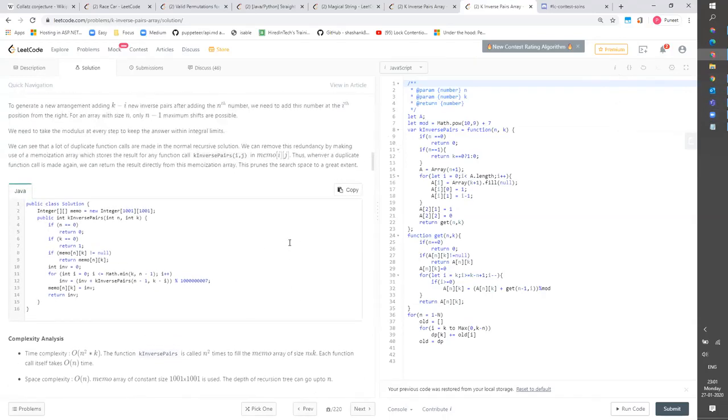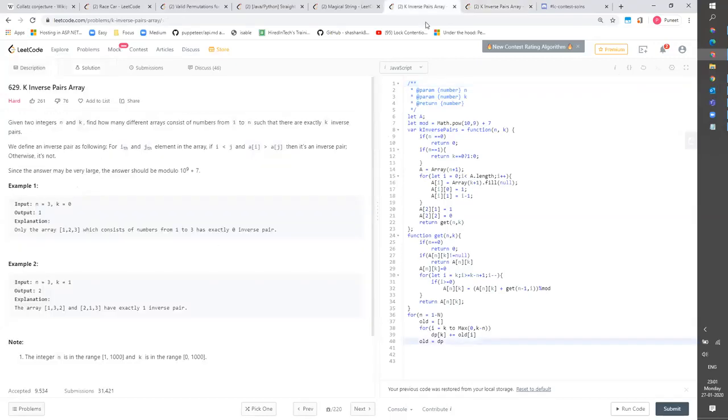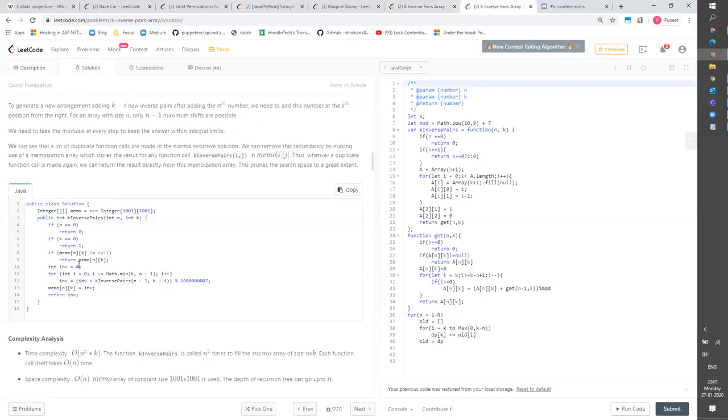I don't know. And approach 2 is the one which I have done. Yeah, this is actually exactly what I have done. I've taken some extra initialization which are not done here.